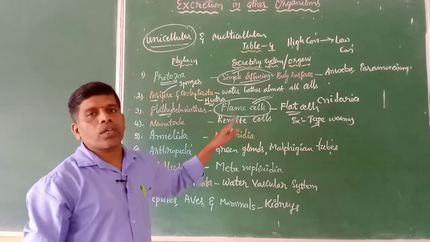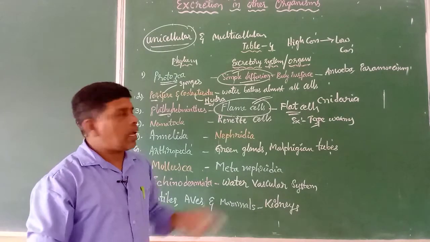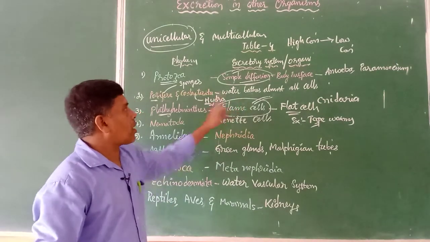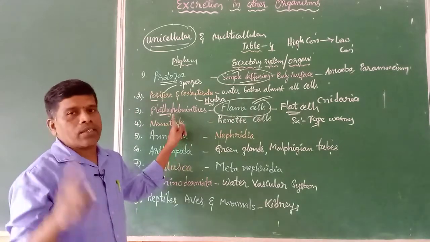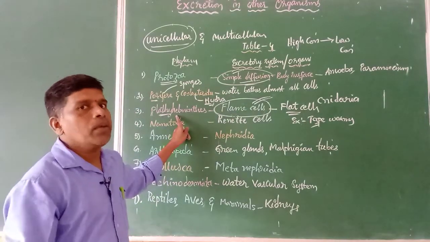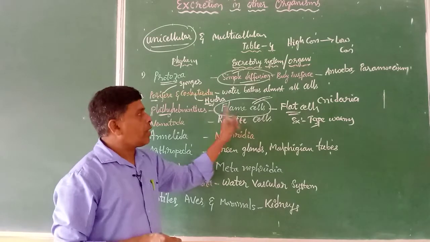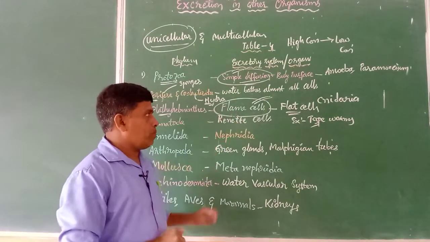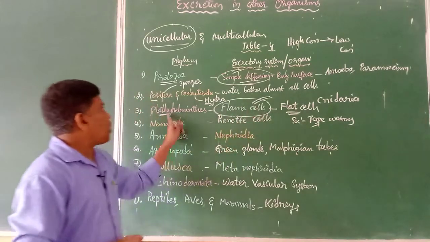We study more about it in higher classes in intermediate. Just remember the word flame cells: they are the excretory organs in the platyhelminths, and this is the first group which has developed excretory organs among the invertebrates, which do not have a vertebral column.